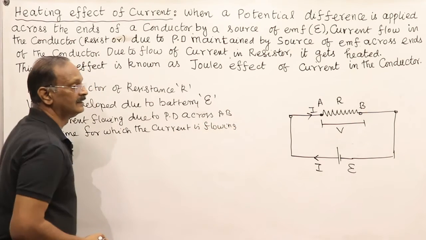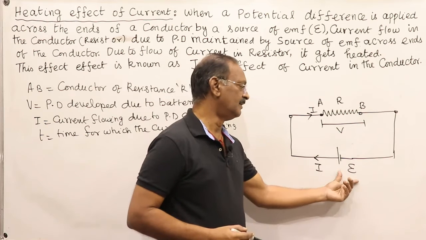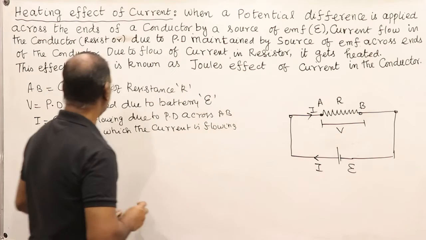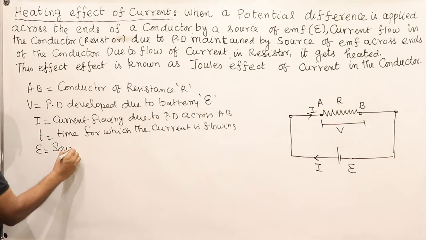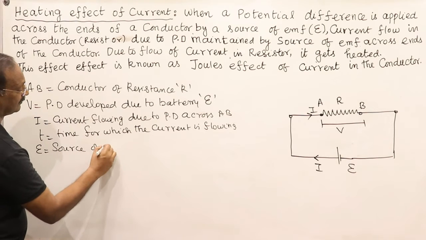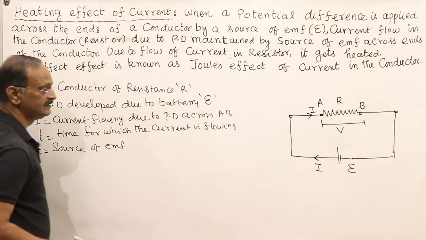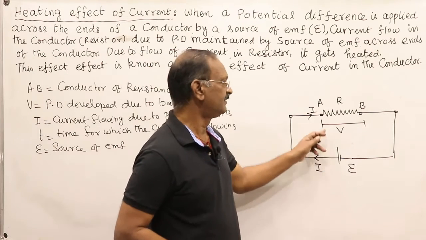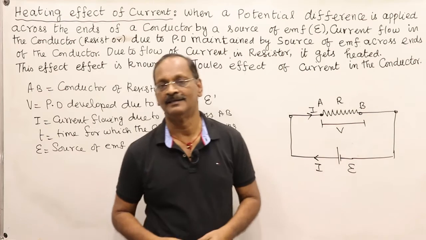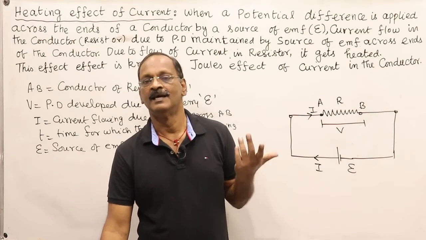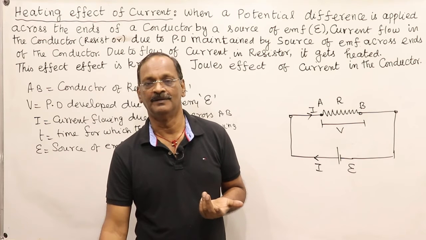Because of this EMF source, we can write E is the source of EMF. These are only responsible for creating the potential difference and hence the flow of current through the conductor, that is, the resistance.